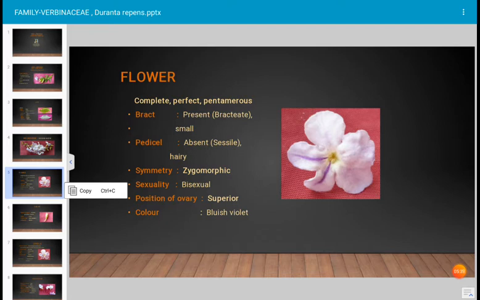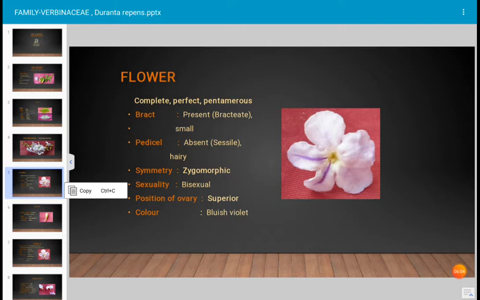And the symmetry of the flower is zygomorphic. See the flower carefully in the photograph. The flower petals are of different shapes. Such a flower cannot be divided into two equal parts in a vertical plane. If you divide the flower into two, it is difficult.